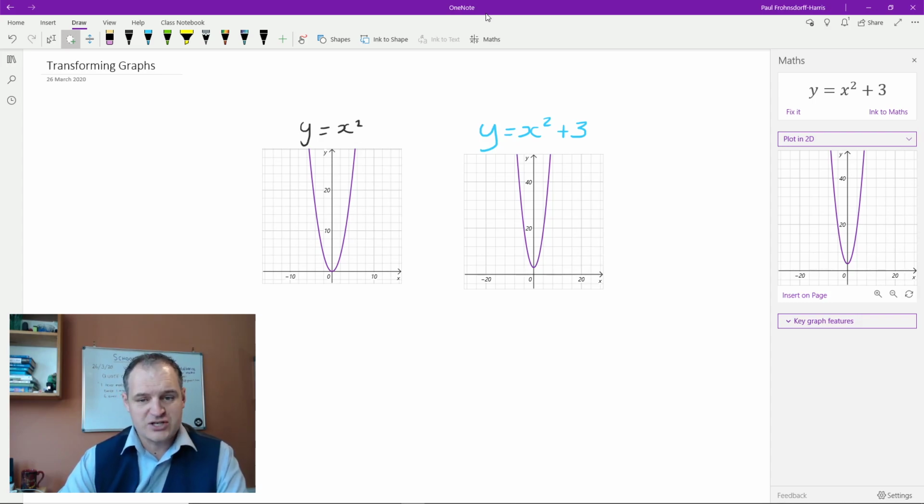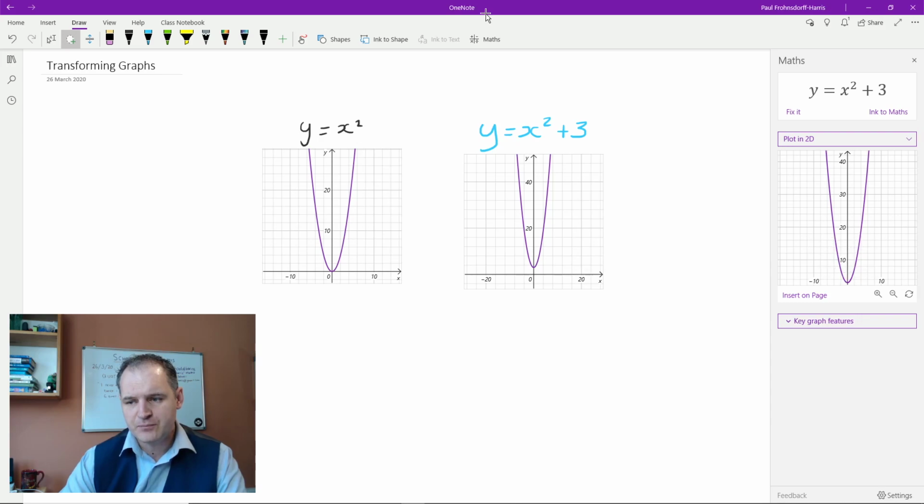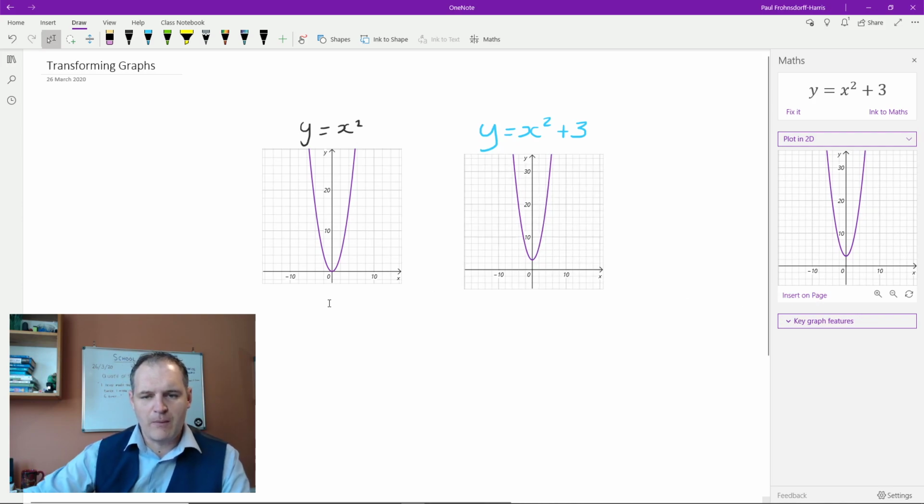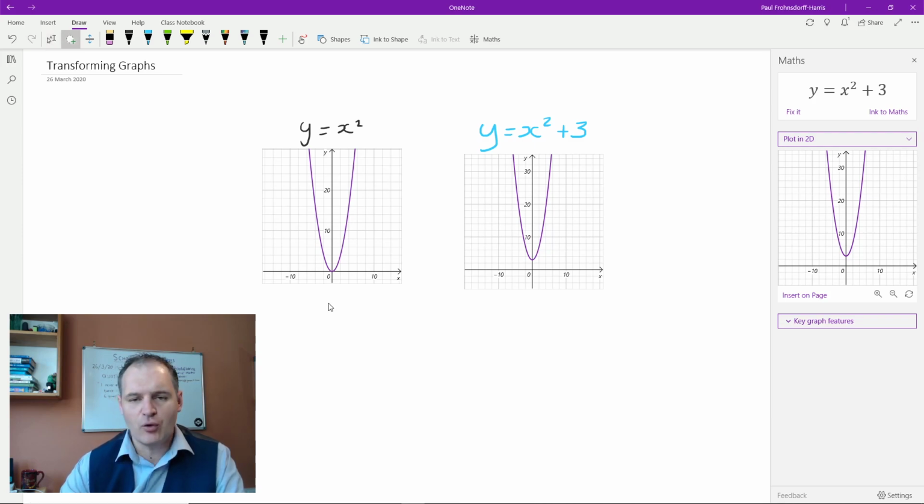Well, all that's changed, in fact, is that this graph, which looks very, very similar to this graph, appears to have gone up 3. In fact, if we zoom in and drag it up slightly, we can see it's much the same, but just up 3 spaces. So therefore, adding a 3 there just moves the graph up.